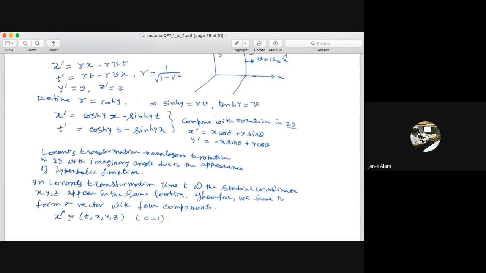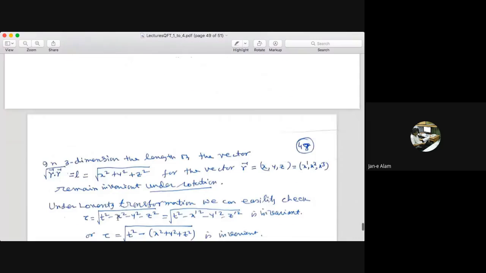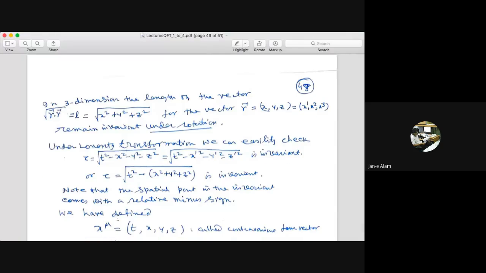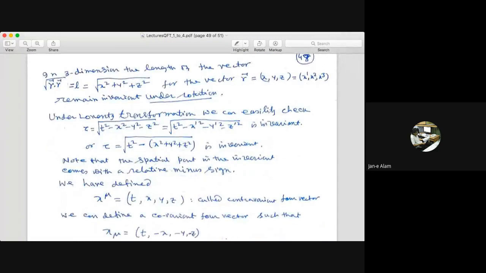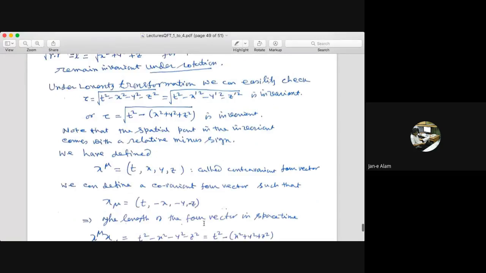And I know that the Lorentz transformation invariant is t square minus x square minus y square minus z square. So I should define another vector, right, where there will be this relative sign between t and x, y, z, and that vector is defined as x subscript mu.